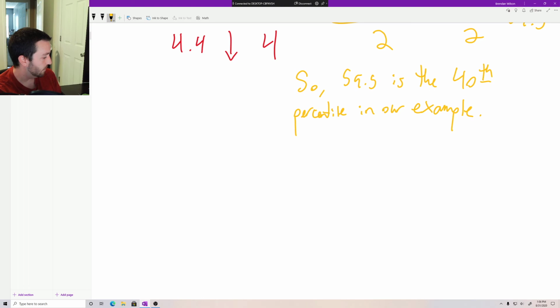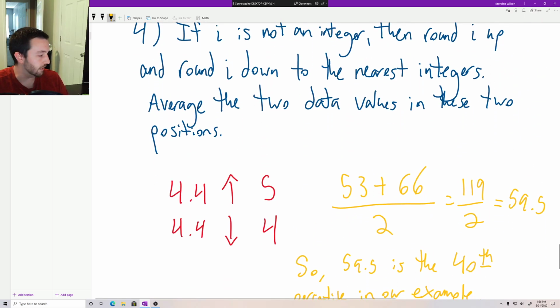So the next thing it goes through is talking about a formula for finding the percentile of a value in a data set. So this is a little different. It's saying, okay, what if we have the number 53? What percentile is it?